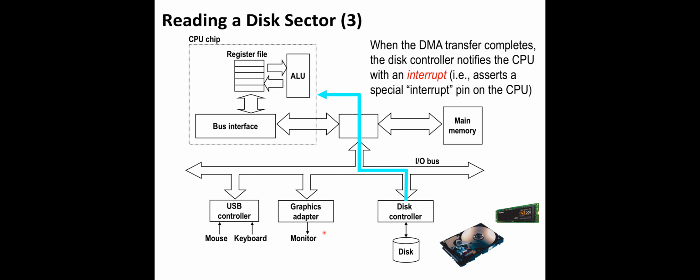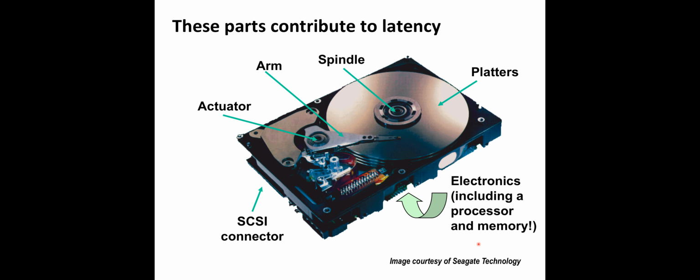Now, this particular action takes some time. The main reason that it takes a fair amount of time is because if this was being done on hardware like this technology, there is a lot of what we call latency. Once the CPU asks to go read from this disk, this arm has to move to the right place on the disk.